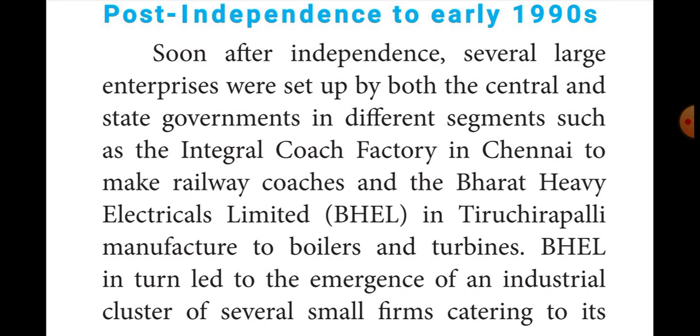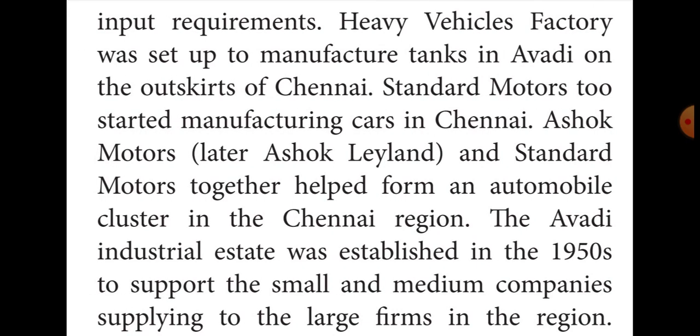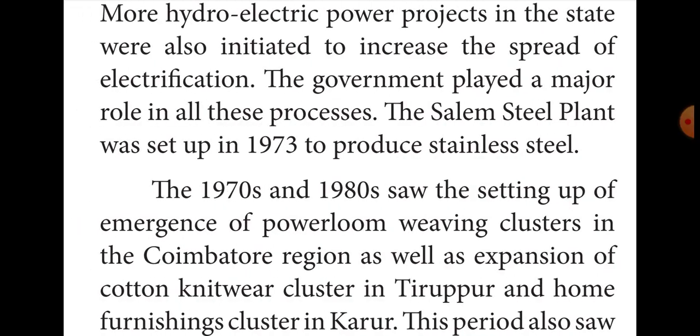Railway coaches were produced through the Integral Coach Factory in Chennai. Then, students, what is the next important enterprise in Tamil Nadu? Very good. Bharat Heavy Electricals Limited, that means BHEL.